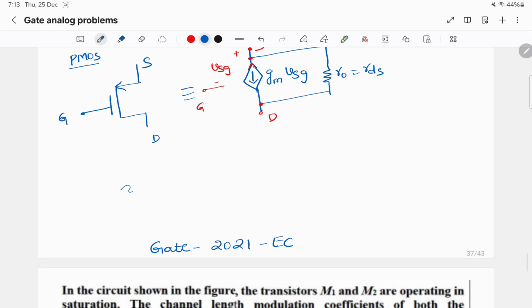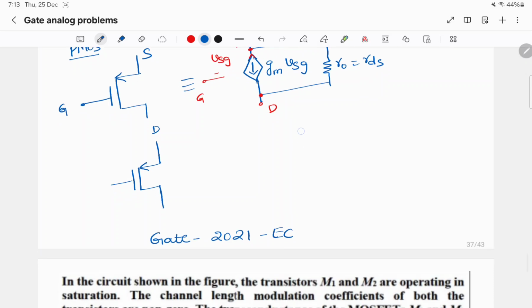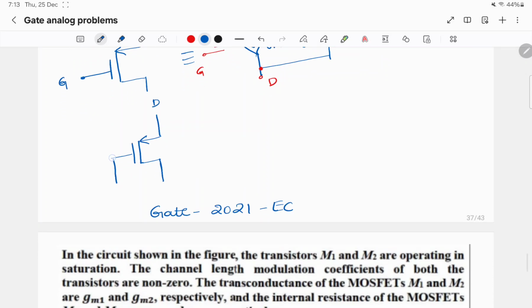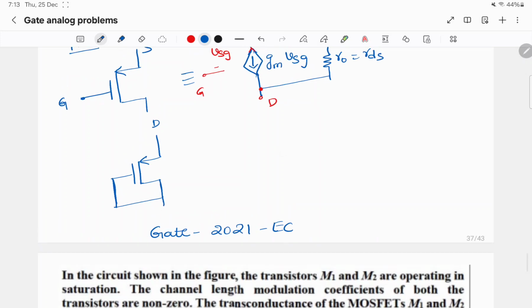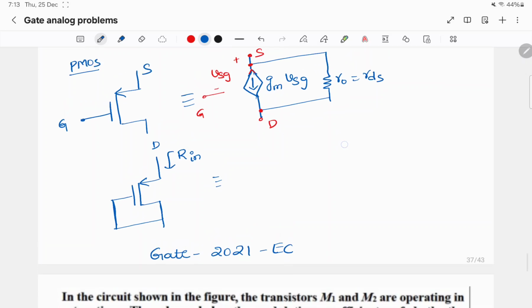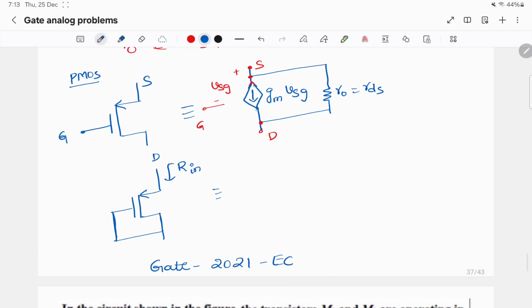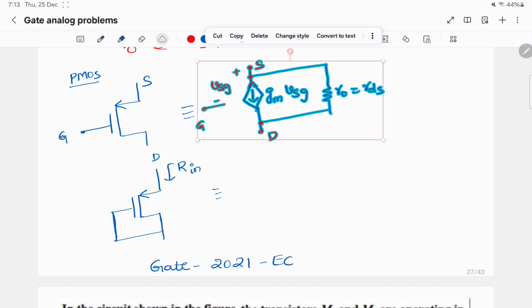So for a simple configuration, for a feedback from gate to drain, we'll find Rn. So what I'll do, I will copy the equivalent circuit of this.